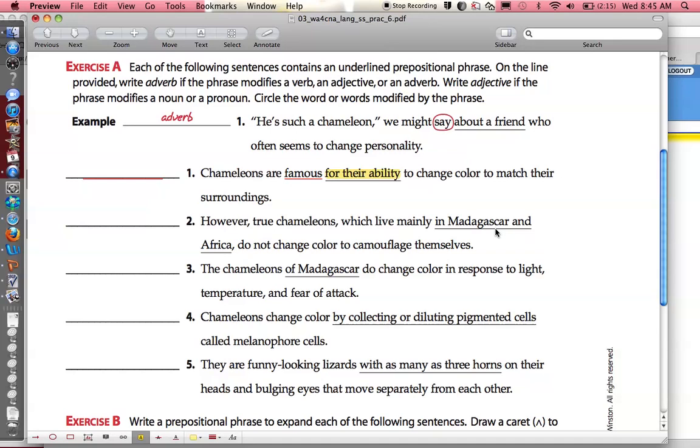Well, what's in Madagascar and Africa? It is where they live. So, live is what part of speech? Live is a verb. So, we are answering the question, where do they live? That means that too is an adverb phrase. Adverb. Sorry, I didn't highlight this, which I guess is sort of redundant, but there it is.